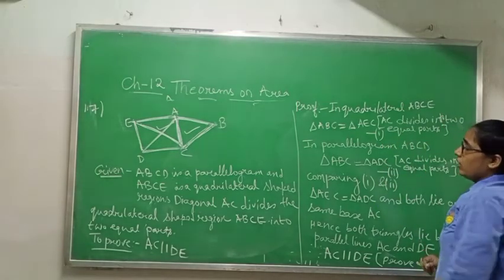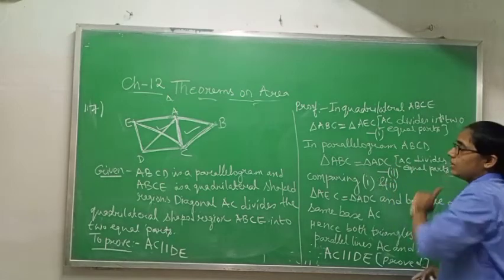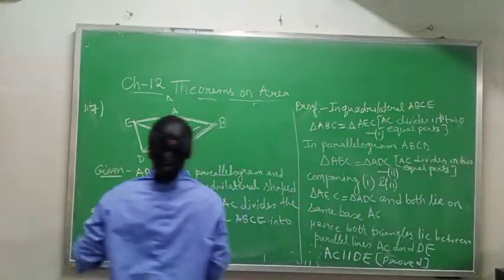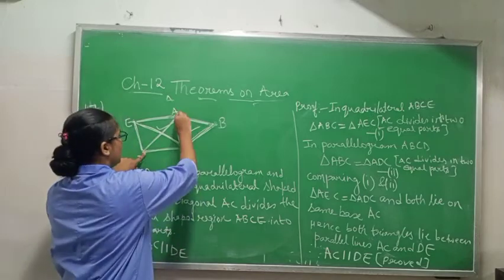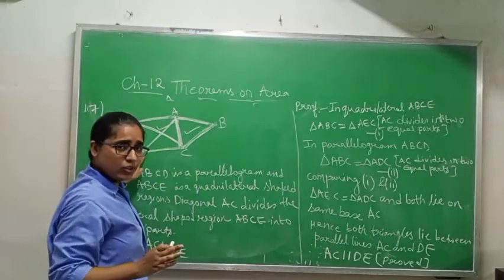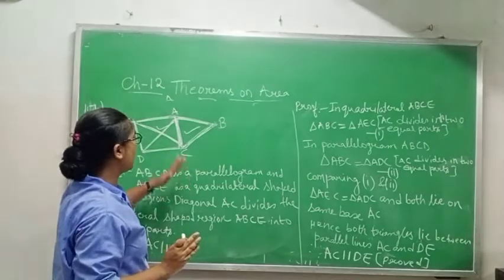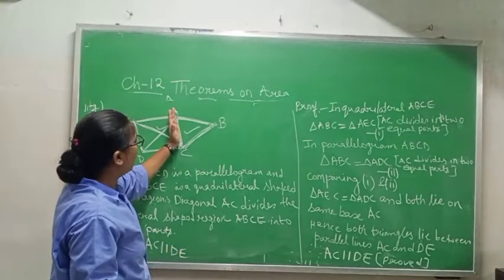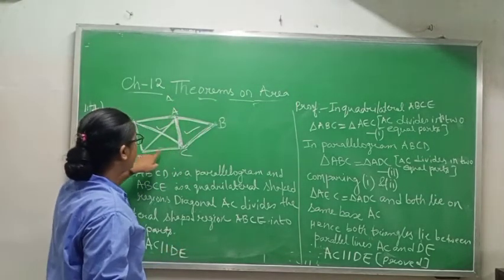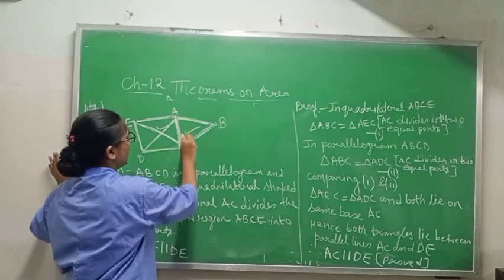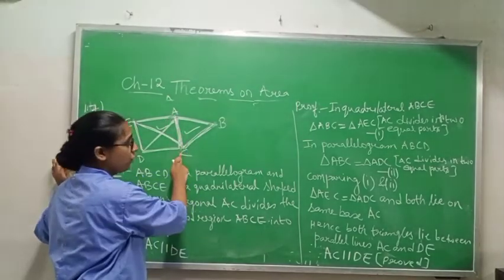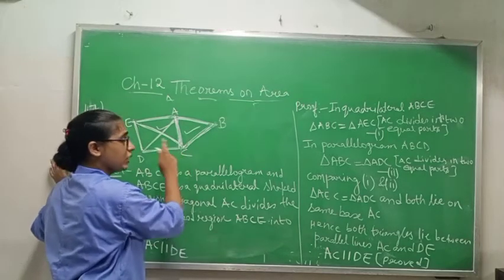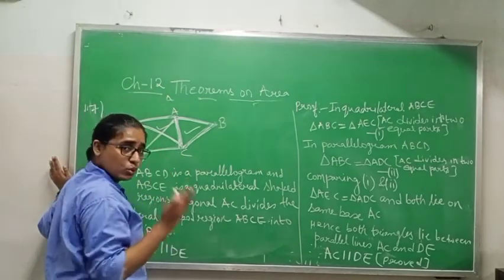Okay. Now again in parallelogram ABCD. Of course, AC is also a diagonal of parallelogram ABCD, because from the picture you can see that it joins point A and point C. So if AC is also a diagonal of parallelogram ABCD, it will divide ABCD into two equal parts.